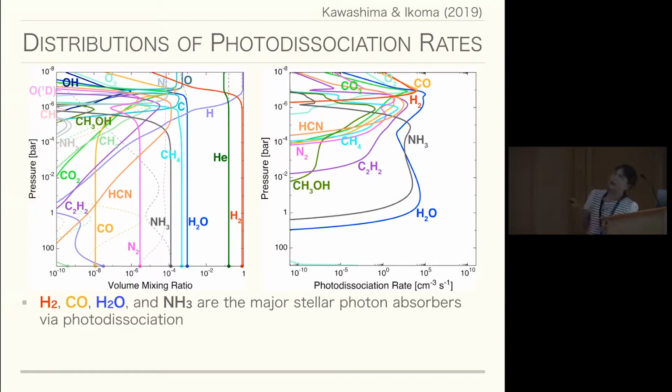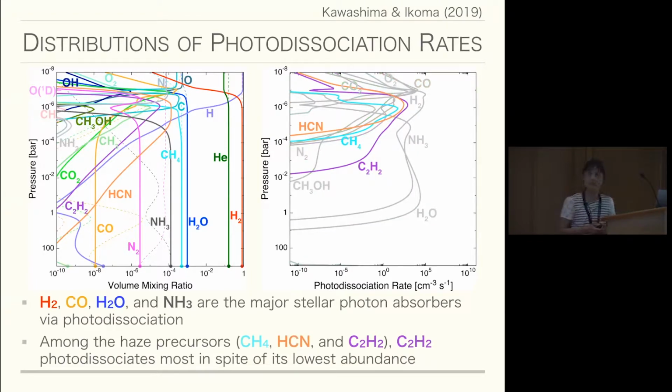You can see that hydrogen, CO, H2O, and NH3 are the major stellar photon absorbers via photodissociation. Also, among the haze precursors, I mean methane, HCN, and C2H2, C2H2 photodissociates the most in spite of its lowest abundance. This is because unlike methane and HCN, C2H2 can use lower energy photons for its photodissociation.